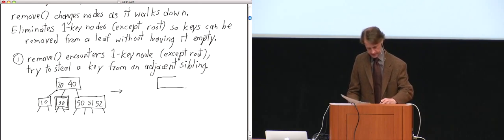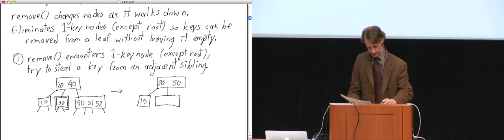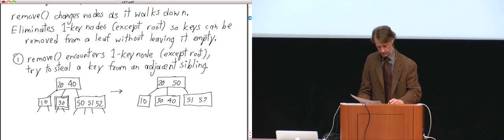And so that looks like this. The 50 moved up. The 40 came down next to the 30. And the rightmost node still has the 51 and 52.